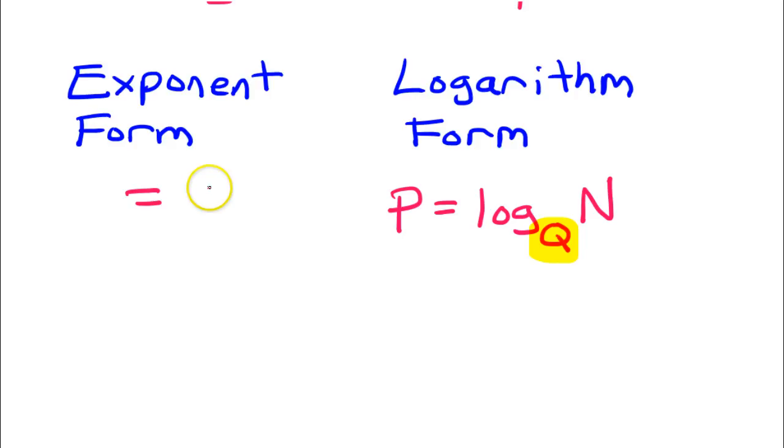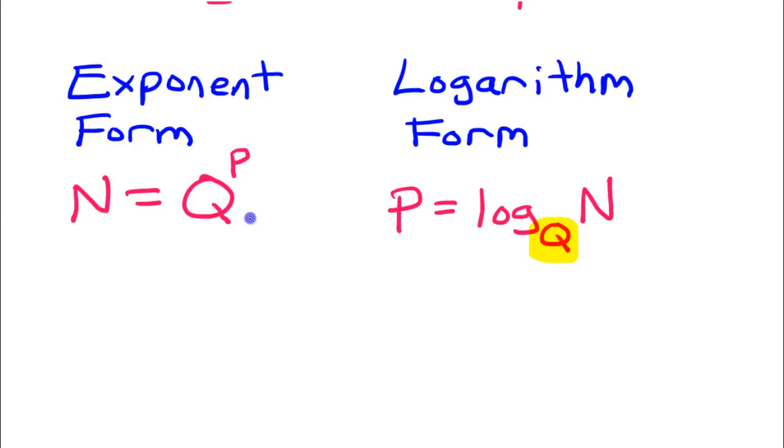So I'm going to keep this q on the same side, and I'm going to write it as a base. So in exponent form, you have a base, and it gets a power. Now what power? The p and the n switch sides. So the n is going to wind up over here, and the p is going to wind up over here, but now it's going to be the exponent. So this would be the exponent form.